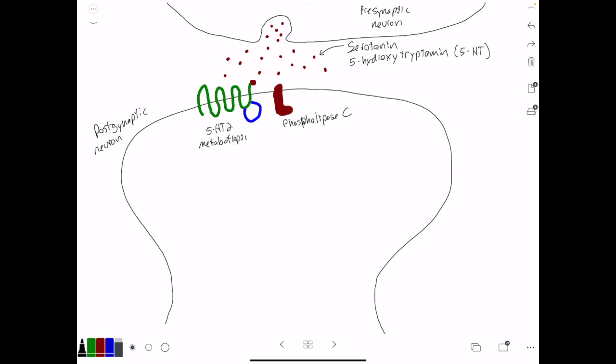And so through serotonin binding to our 5-HT2 metabotropic or G-coupled protein receptor, we have a signal that induces the phospholipase's enzymatic activity, which starts a signal cascade again of secondary messengers.